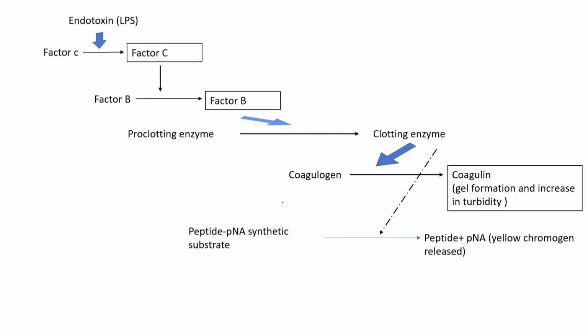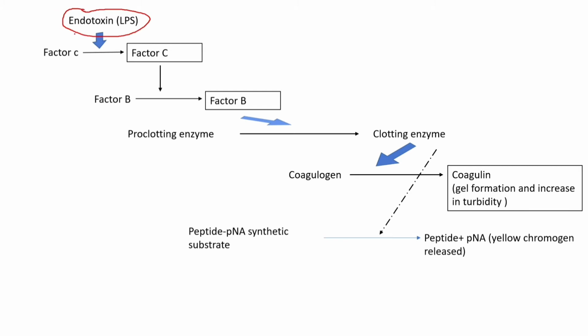So let us see the reaction which takes place between the endotoxin and the lysate. This is the cascade reaction which starts with the presence of the endotoxin, the lipopolysaccharide layer of the gram-negative bacteria.